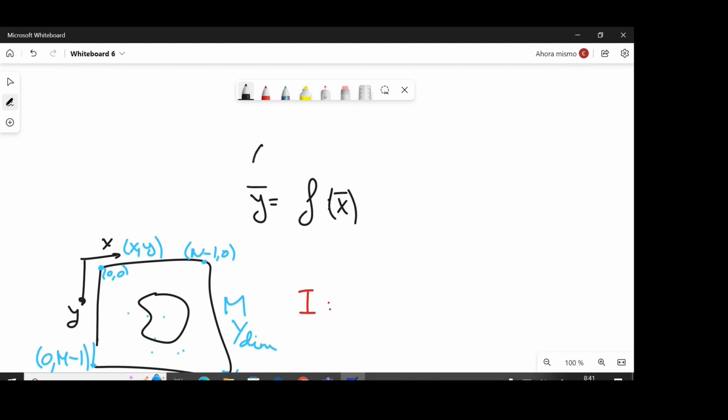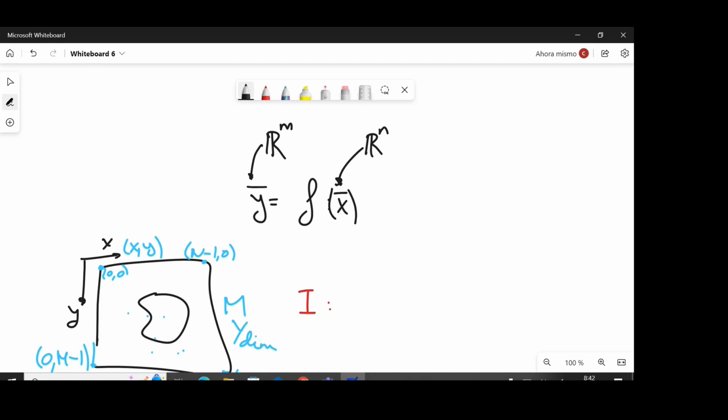So let's put it simple. Let's say that this is R^n, this is R^m. So here you have n real numbers, here you have m real numbers. So this is a vector of dimension n, this is a vector of dimension m.